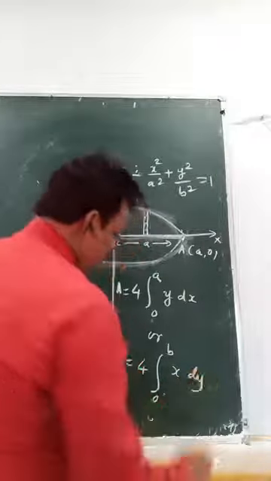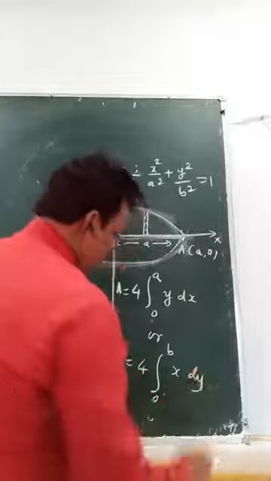So how did you do the last formula? This is your dx, this is y, so y dx. So area will be integral of y dx, limit is 1 to 4. Okay, what is y here?